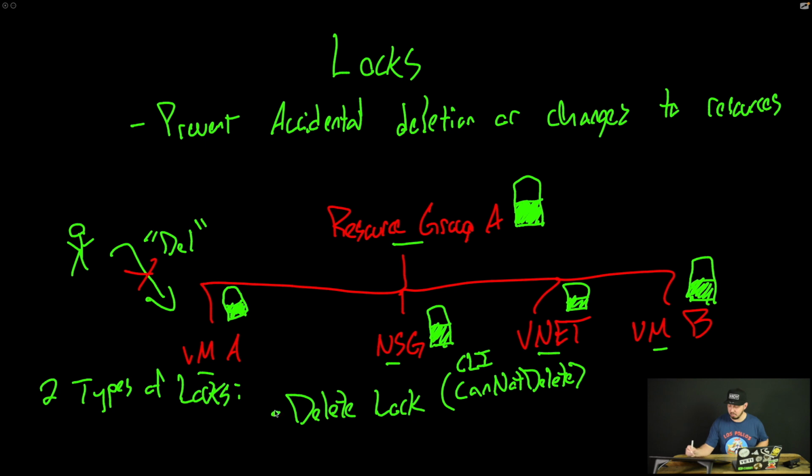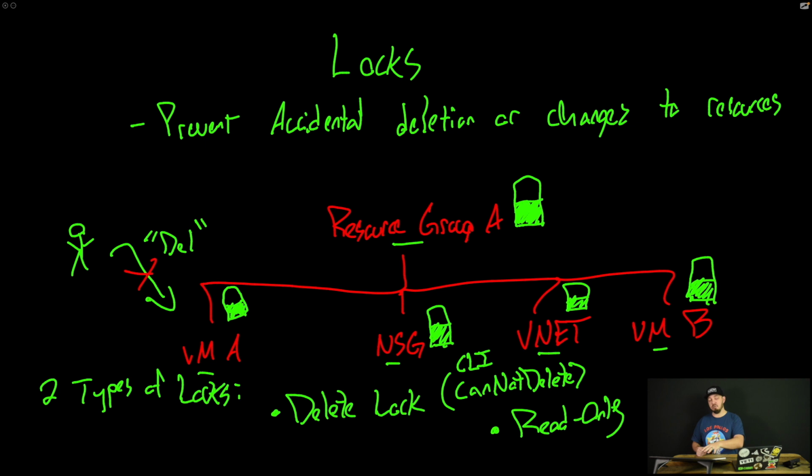So that's the first type of lock. The other is read only. All right, so a delete lock will make sure that nobody can delete whatever we apply that lock to or anything under it in the hierarchy, like in our resource group example. A read-only lock will allow us to read all of the resources but not to modify them or delete them. That's the difference between the two. Those are your only two types.